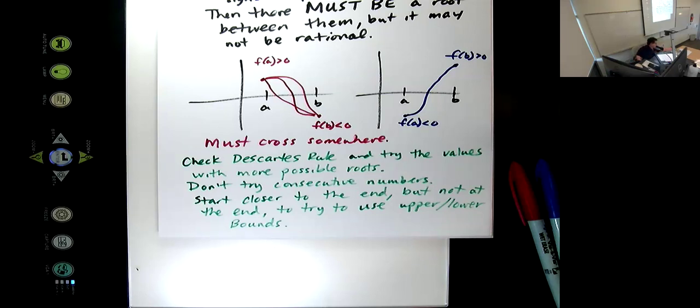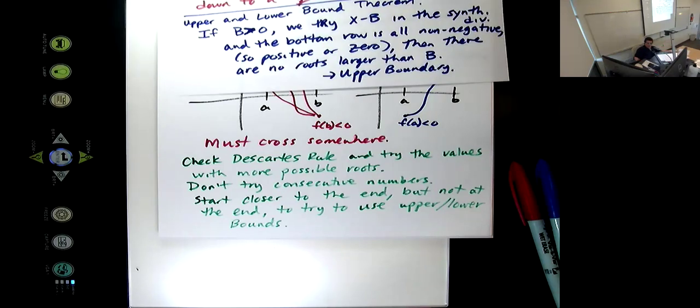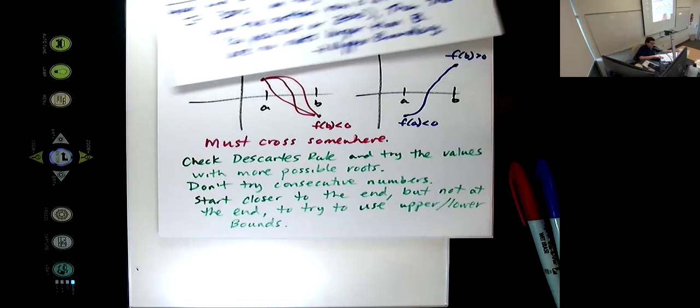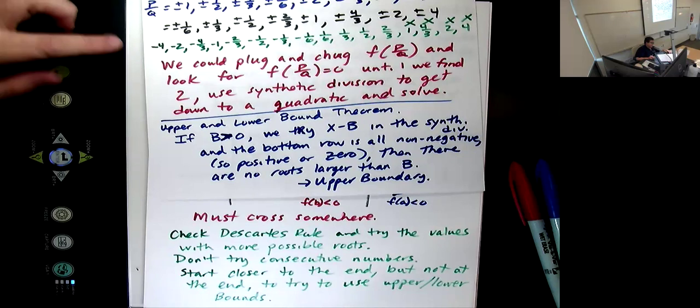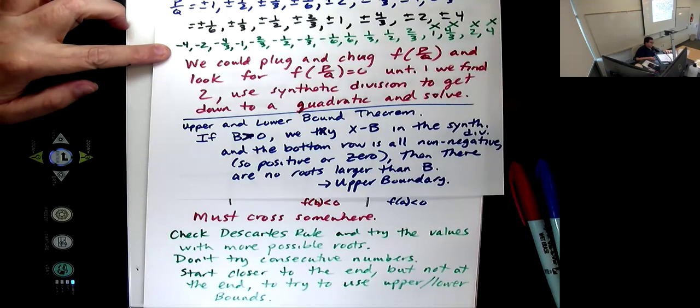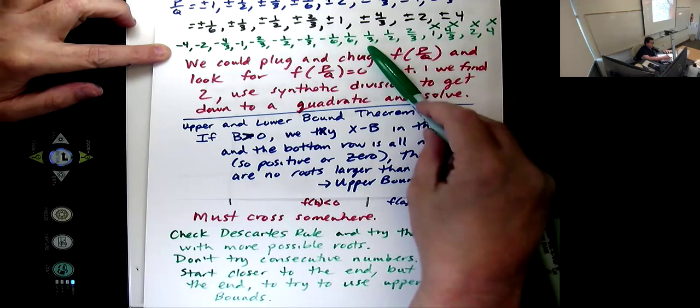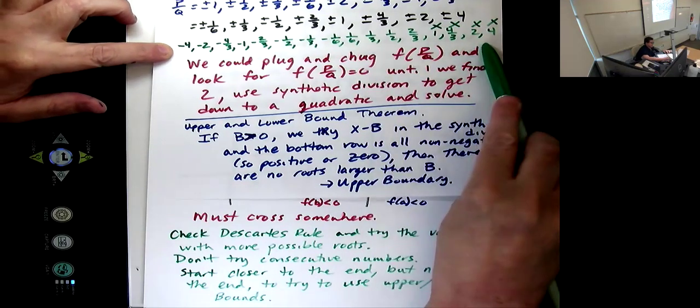Just to finish off the idea here, we have a lot of P's over Q's. But by checking Descartes' rule, it says to focus on the positive.